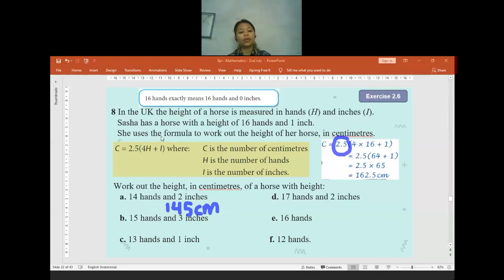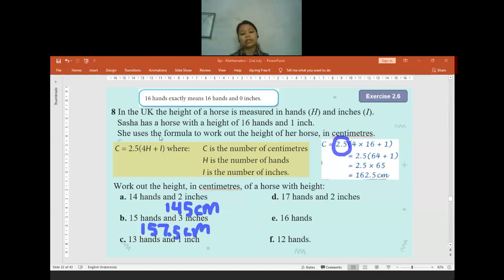Let us continue to question B. How many centimeters will it be for 15 hands and 3 inches? 157.5 centimeters, Michelle said. Is there anyone who got a different answer or disagrees with this answer? Okay, I think no one has any confusion through the chat box.